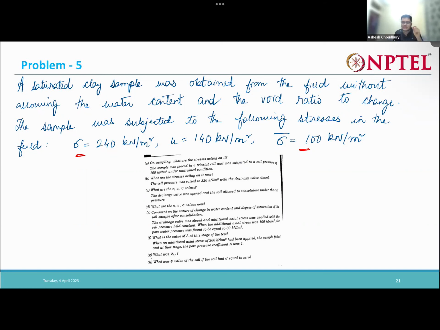The effective stress is nothing but the stresses that develop at grain to grain contact. Then the sample was placed in a triaxial cell and subjected to a cell pressure of 100 kilonewton per meter square under undrained condition. So the first condition is on sampling, what are the stresses acting?